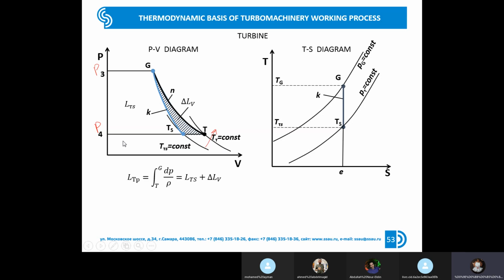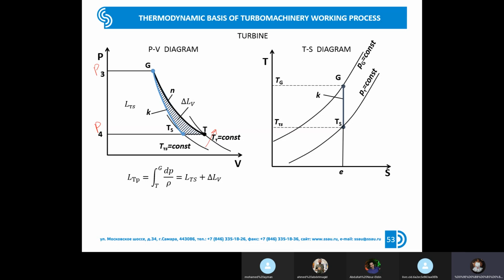And finally we find this line, which corresponds to the real temperature at the end of the expansion process. Because this temperature is higher than TTS, line GT will look like this on the graph. And you see that the angle of the line will be reduced.